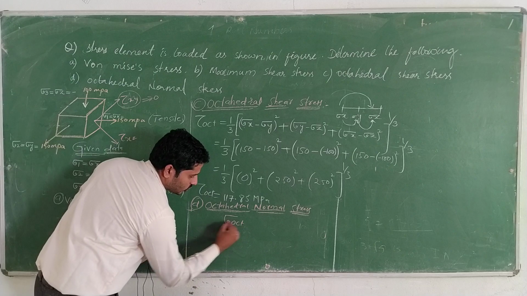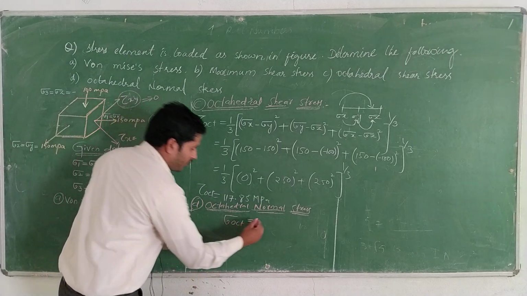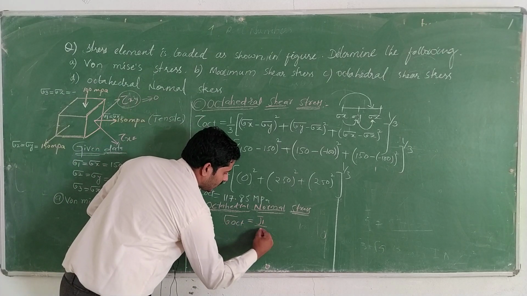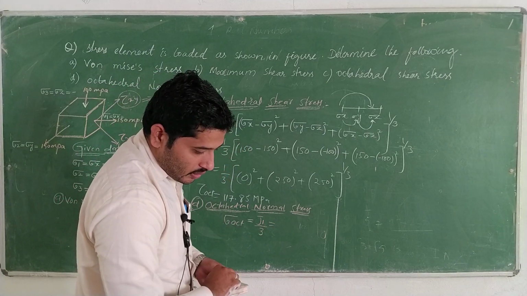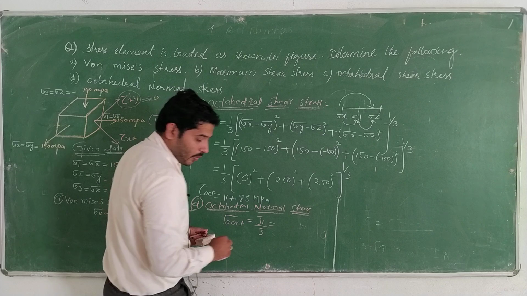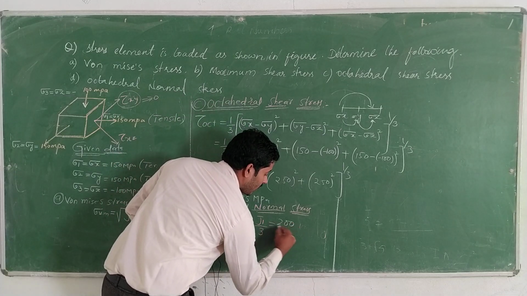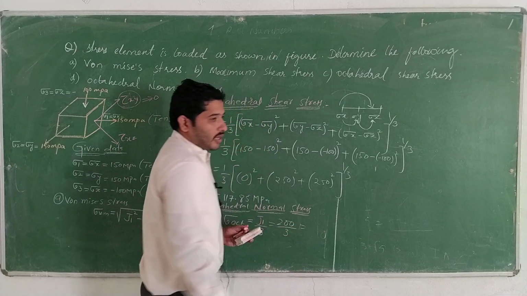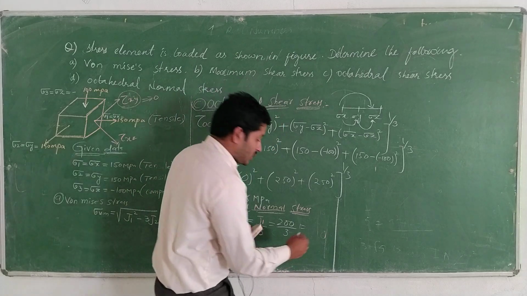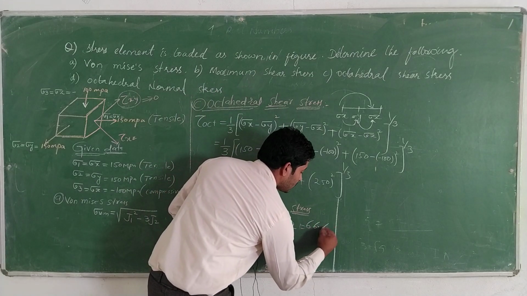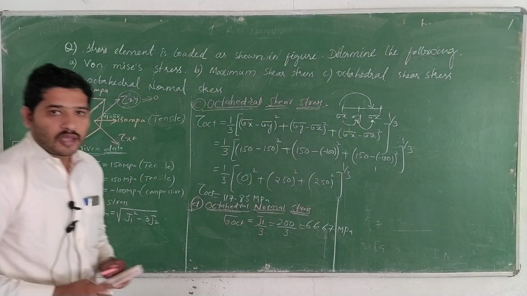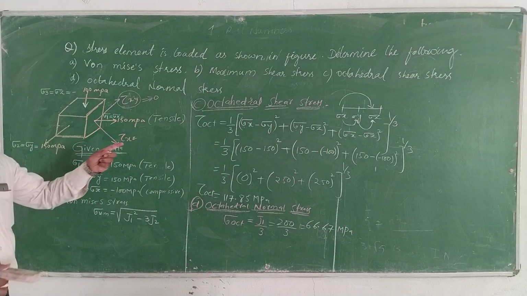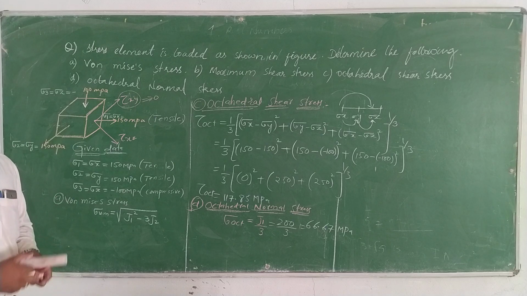Octahedral normal stress is equal to J1 divided by 3. So J1 value, how much did we get here? We got the value of 200 by 3. If you divide, you will get the answer 66.67 megapascal.